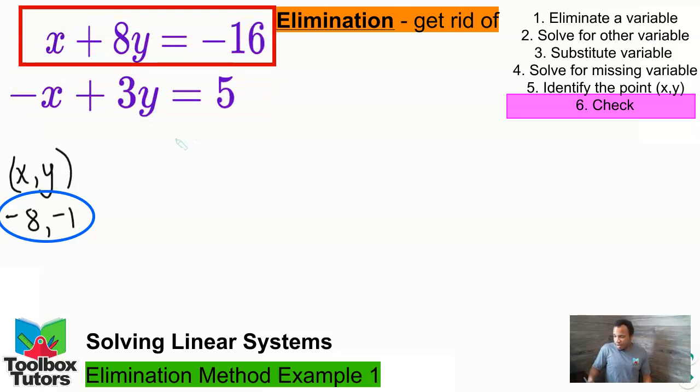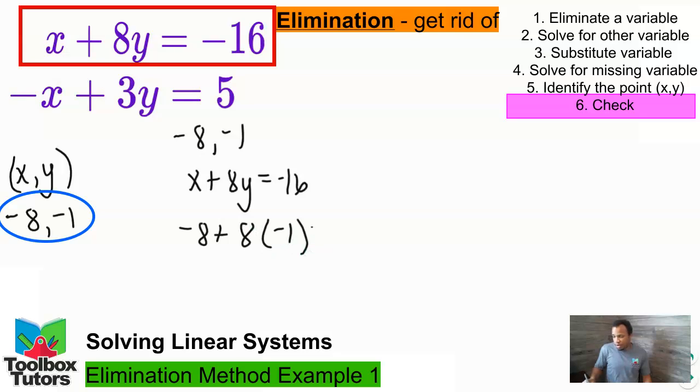So from here we have our solution, negative 8, negative 1, and we'll plug this into our first equation, x plus 8y equals negative 16. Now we know x is equal to negative 8, so we put negative 8 here, bring down this 8, and in parentheses we put negative 1 equals negative 16.